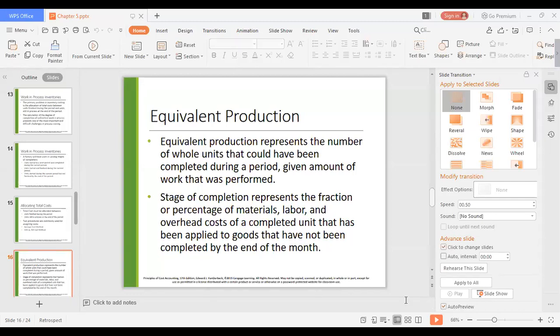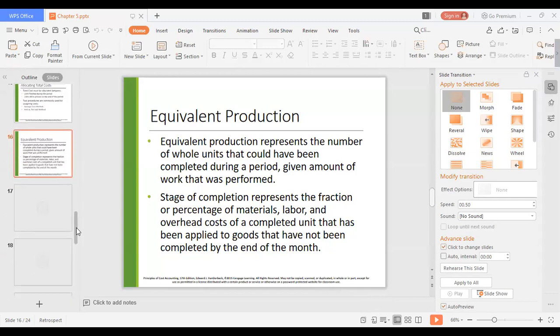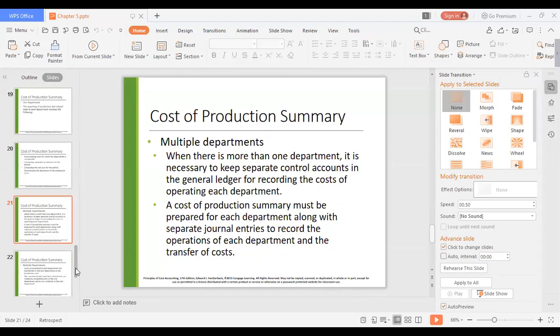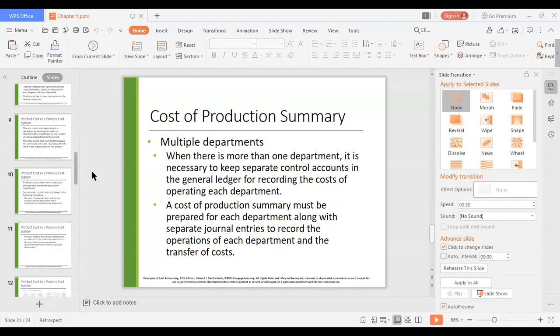We are going to take up several exercises. So by tomorrow, I'm going to lecture by using more problems, so at least you will be knowledgeable with regards to the problems in connection with the process cost system.